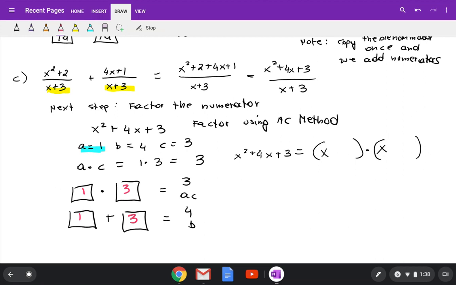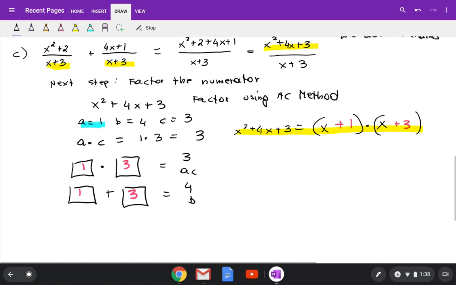The first integer was positive 1, so we're putting plus 1. The second integer is positive 3, so we're putting plus 3. So when we factor this, x squared plus 4x plus 3 is the same as x plus 1 times x plus 3. I'm going to replace the numerator with our factors.